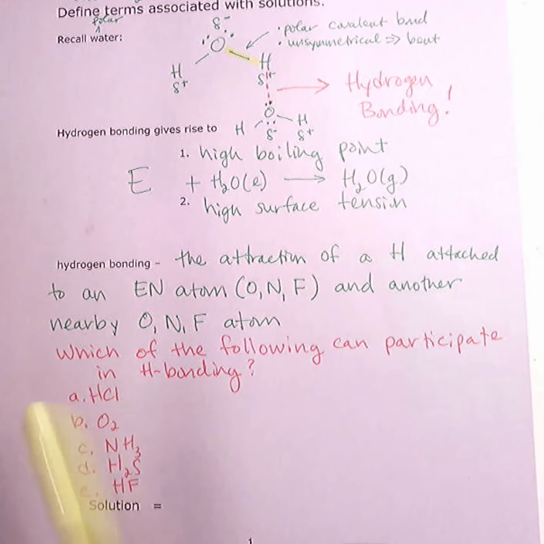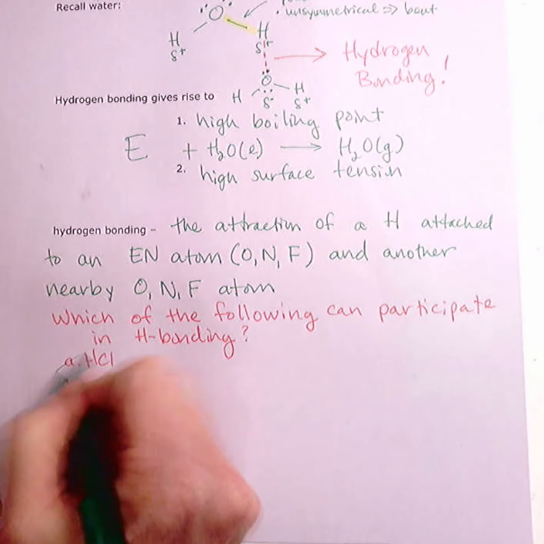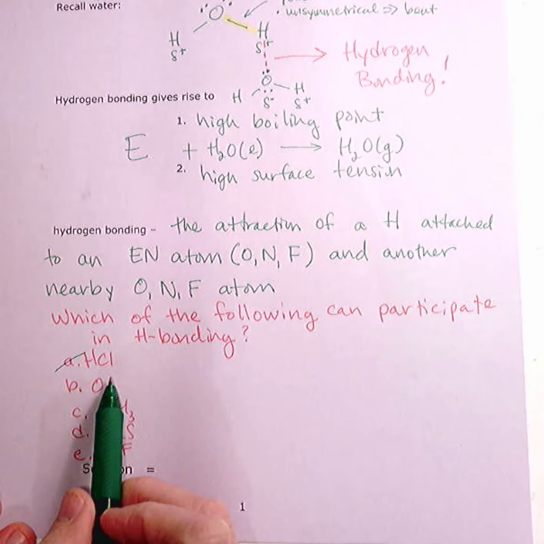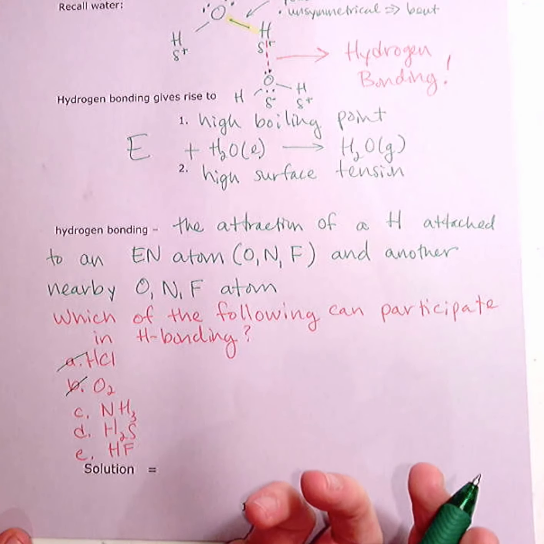So in order to answer this question, you're going to need to have a hydrogen, and then you're going to need to have an oxygen, nitrogen, or fluorine. So you can eliminate A. It does have hydrogen, but it doesn't have oxygen, nitrogen, or fluorine. You can eliminate B because it doesn't have a hydrogen.